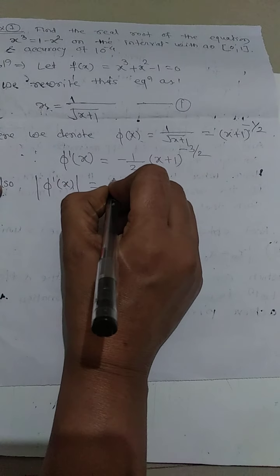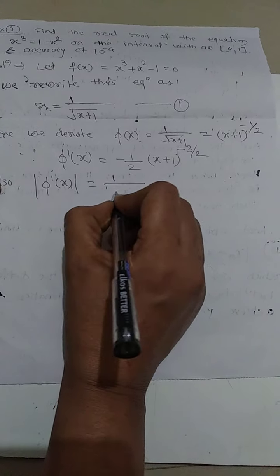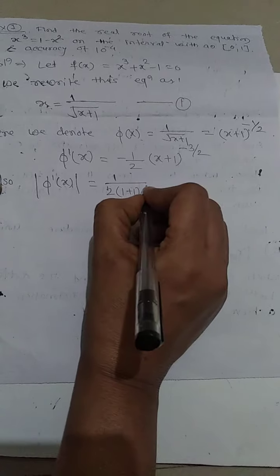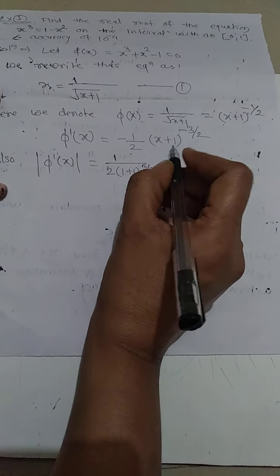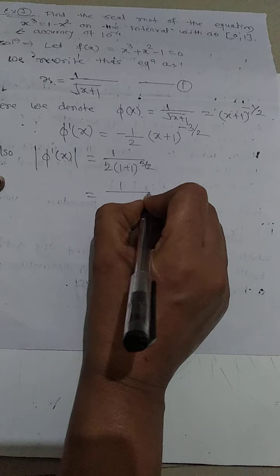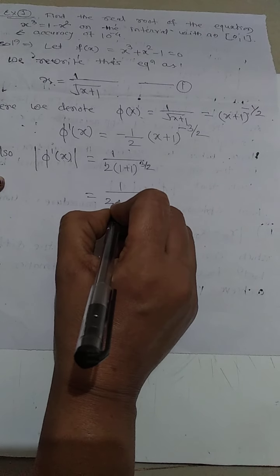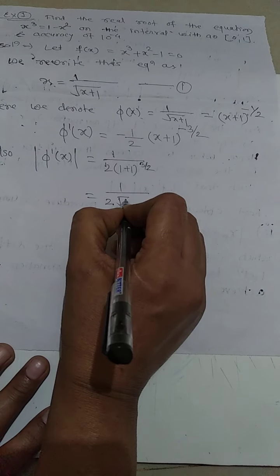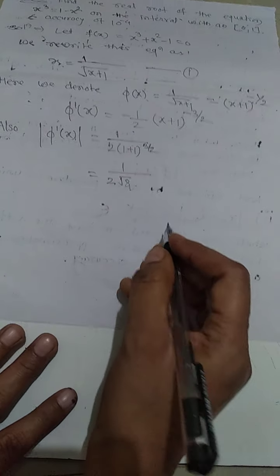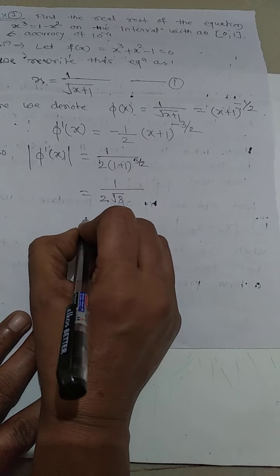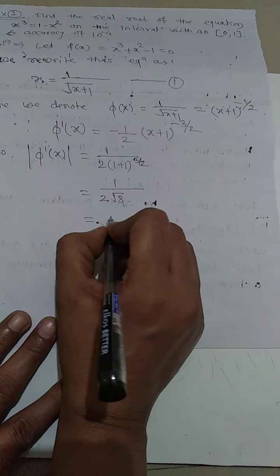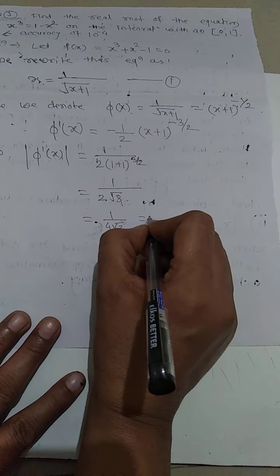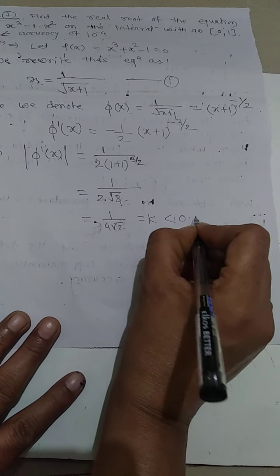Here put x is equal to 1, then value of this is equal to 1 by 2 into (1 plus 1) raised to the power 3 by 2. That is equal to 1 upon 2 into under root of 8. After calculating, this value is equal to 1 upon 4 root 2, and that is equal to k, less than or equal to 0.2.